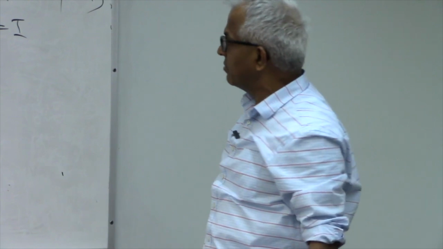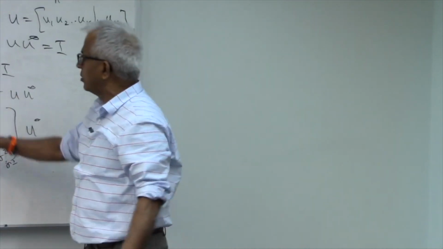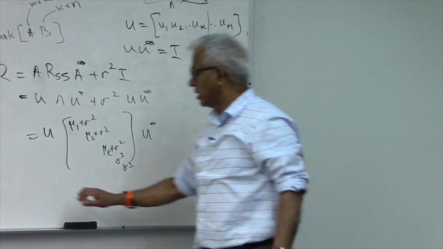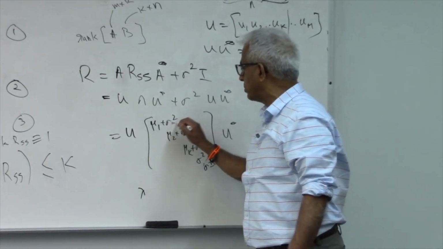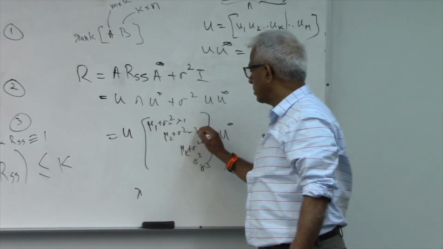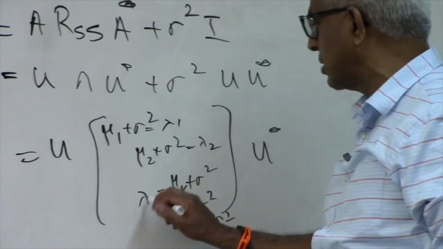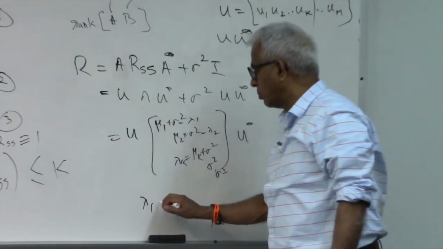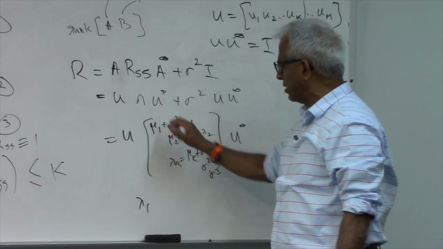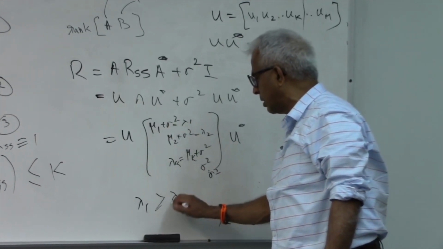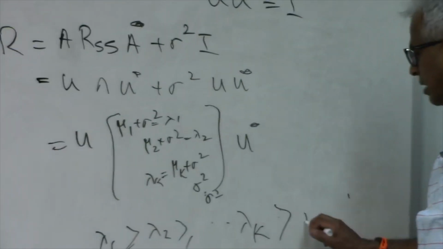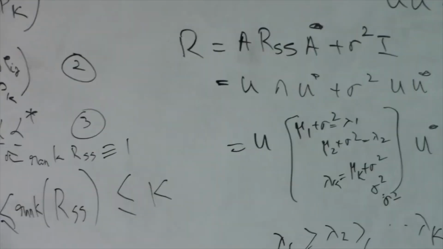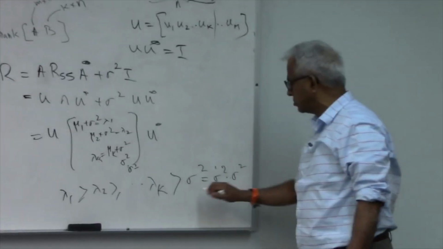Look at the logic. When we do the eigenvalue decomposition, if you call the eigenvalues lambda 1, lambda 2, up to lambda K, etc., we can arrange lambda 1 greater than or equal to lambda 2, greater than or equal to lambda K. But then after that, the rest of the eigenvalues will be equal to sigma squared.